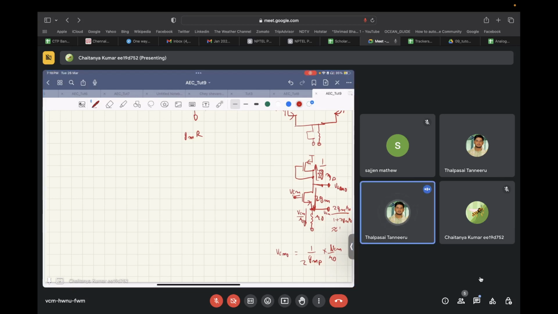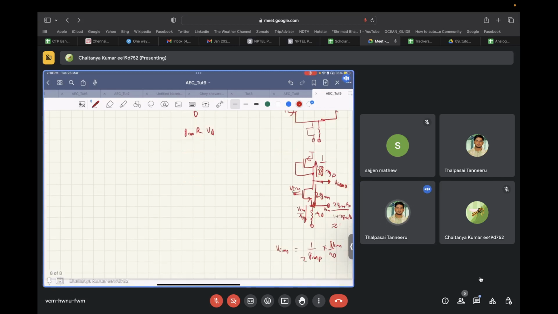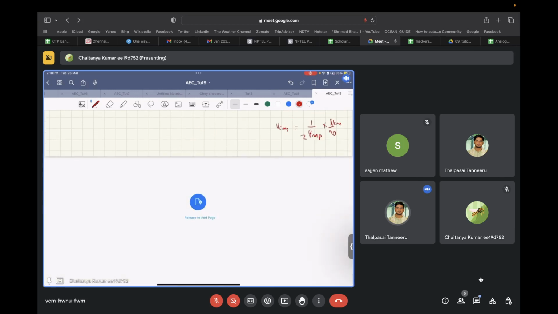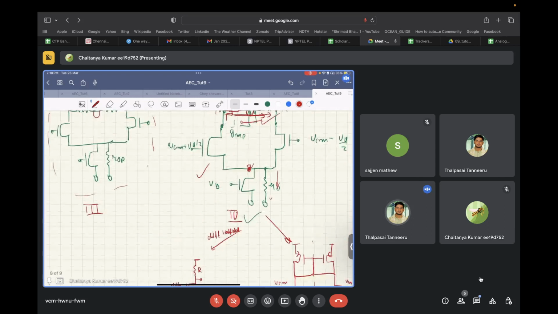So we have GM times R times VD in the differential half circuit, and VCM by 2 GMP R naught in the common mode half circuit. So now you see that in the same circuit, we have different output loads for the differential and common mode half circuits. We have a very small load for the common mode half circuit and a large load for the differential circuit.